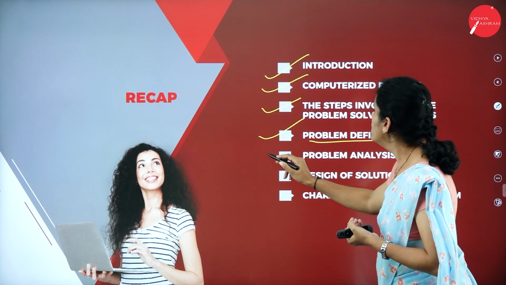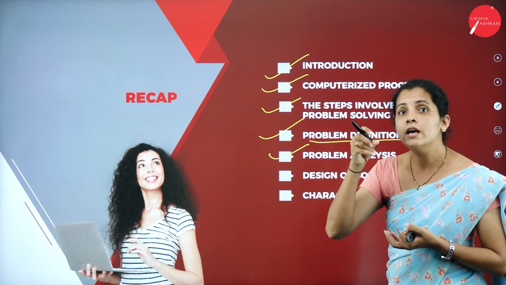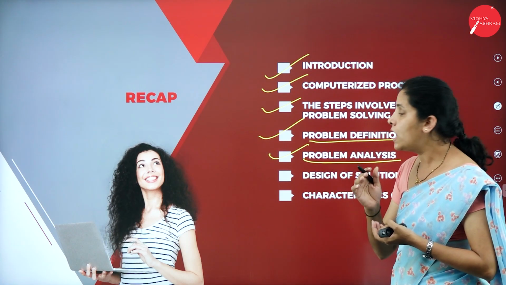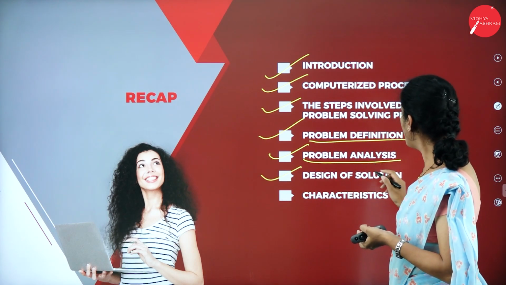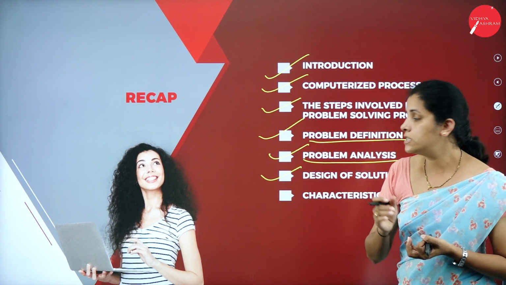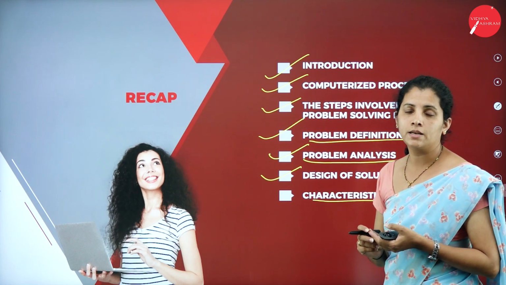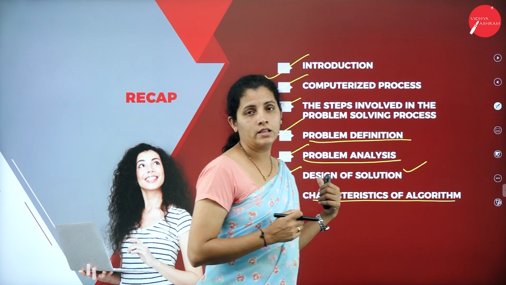Along with that, we had discussion regarding how to analyze the problem, that is problem analysis. Along with that, we had discussion regarding design of solution, and at the end we had discussion regarding characteristics of algorithm. That means what are the different characteristics of algorithm.